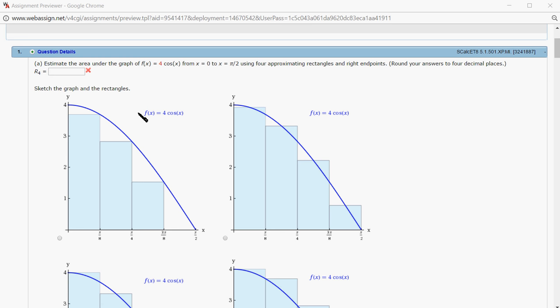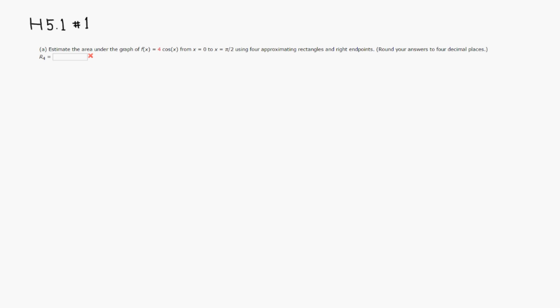R4, so we are dividing into four sub-intervals. You can see that the interval is from 0 to pi over 2, so maybe that's pi over 2 there, and 0 there.